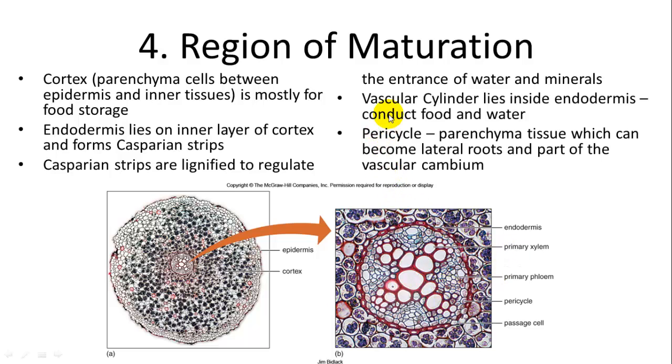The vascular cylinder then lies inside the endodermis, and that's for conducting food and water. And the pericycle is typically the first layer inside the Casparian strip, made of parenchyma tissue, which becomes the lateral roots and part of the vascular cambium.